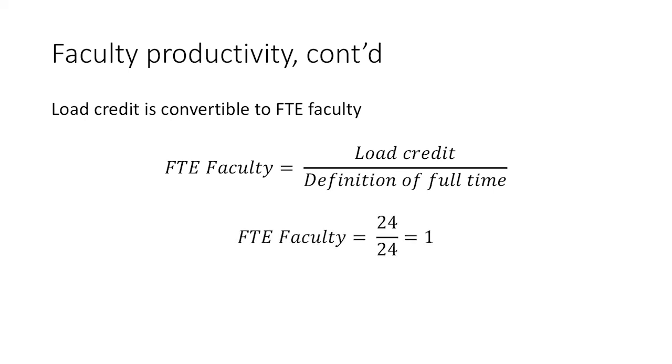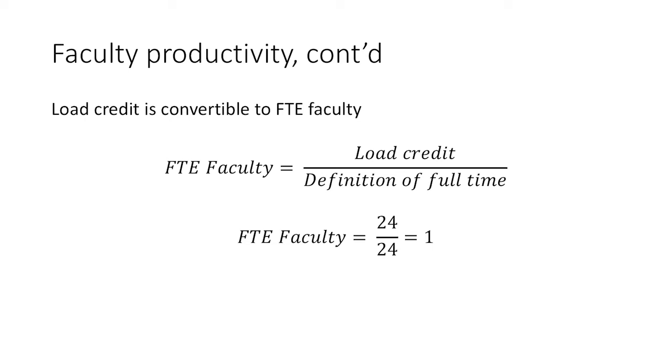Another simple example, if a faculty member has been assigned 24 load credits for a year of assignments, so let's say they teach 3 4-credit courses in the fall, that's 12 load credits, and let's say they teach 3 4-credit courses in the spring, that's 12 load credits.